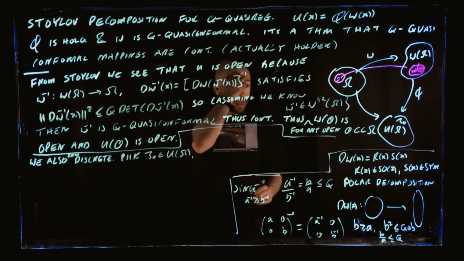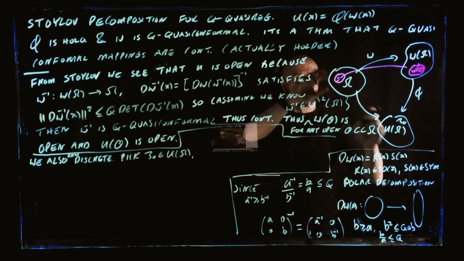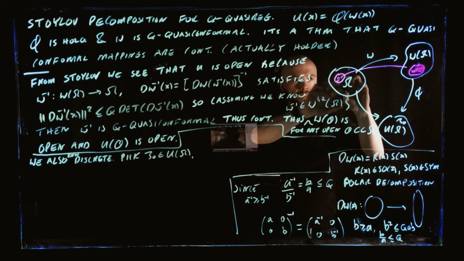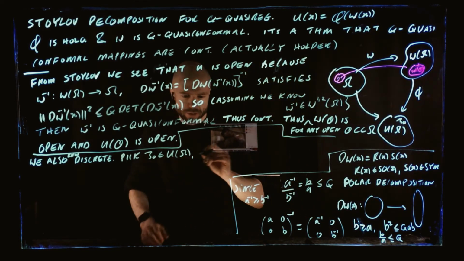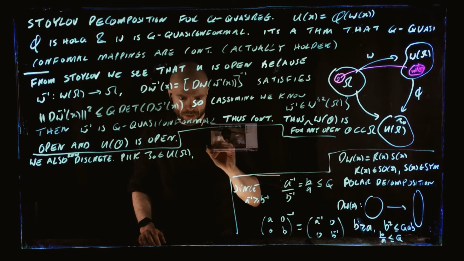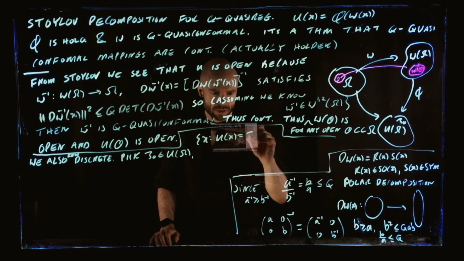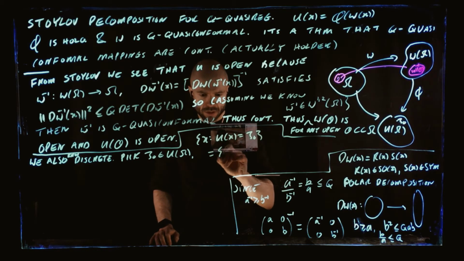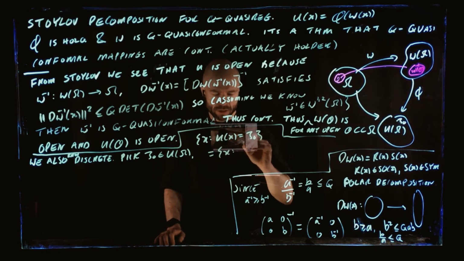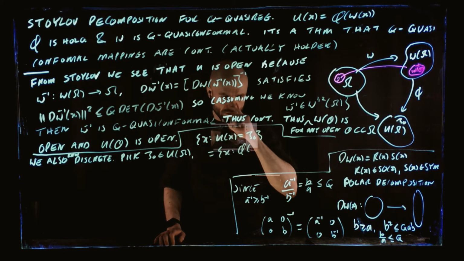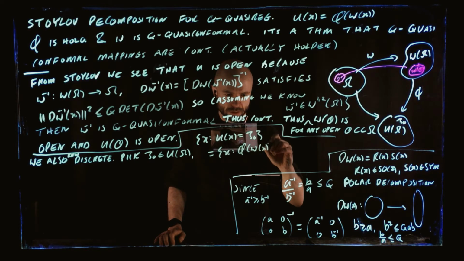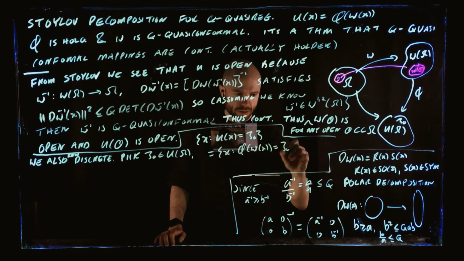then we're going to try and get an understanding of the set of points mapping onto this. So note the following: the set of x such that u of x is equal to zeta 0 is the same as the set of x such that phi of w of x is equal to this thing.